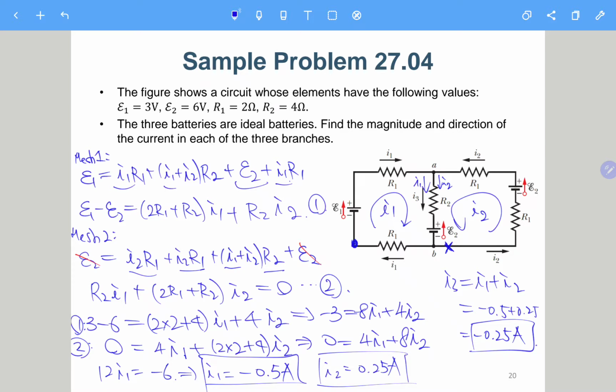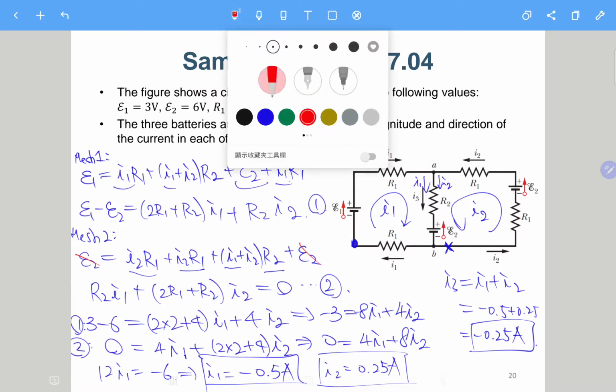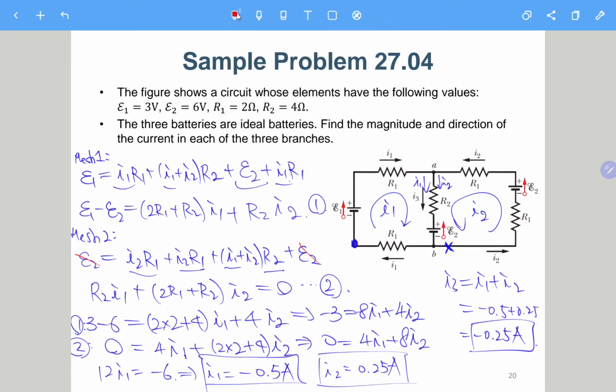So here we can use the mesh analysis to write two equations, and then we can find I1, I2, I3. If you would like to use node analysis, then I think you should define voltages like this is VA, this is VB, and I think this is VC.